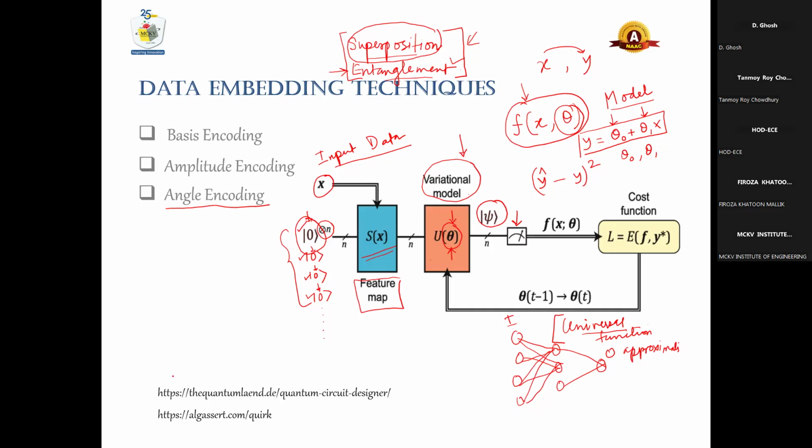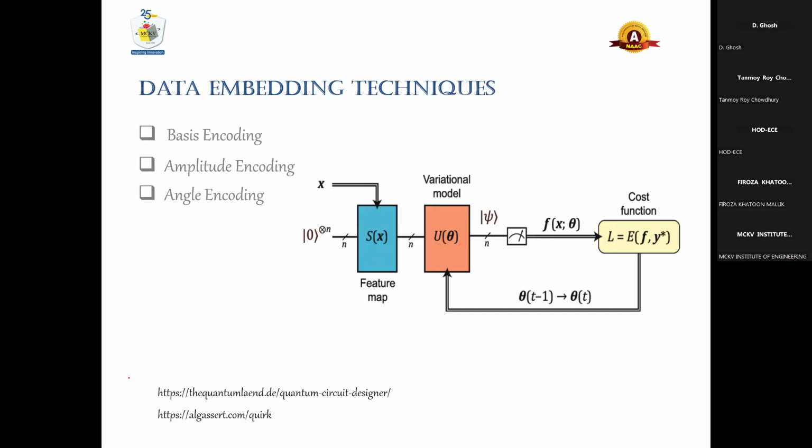So what is angle encoding? Let me erase these inks. Let's say you have a data point X, which is, let us say, 0.3 and 0.6. I'm talking about two features of the data set, so there are two features.